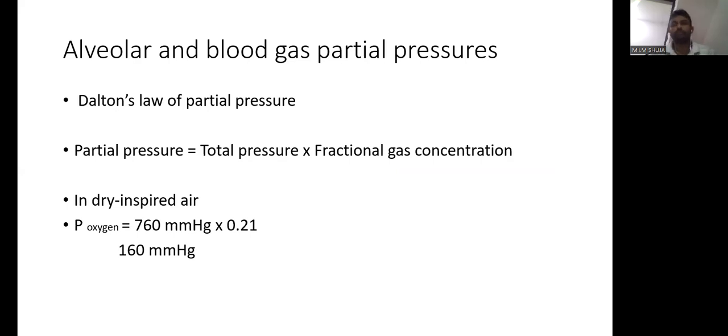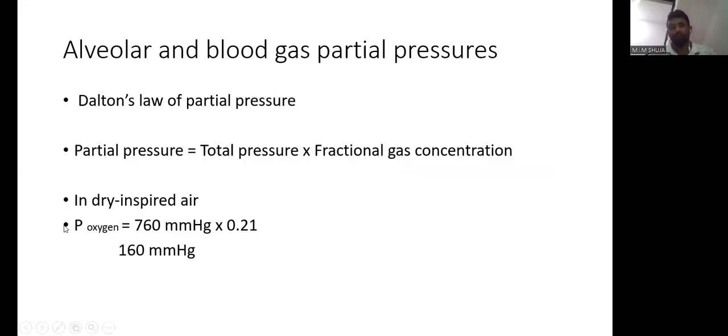Alveolar and blood gas partial pressure. Dalton's law of partial pressure is: if you take a mixture of gases, the partial pressure of a particular gas is equal to the total pressure multiplied by the fraction of that gas.